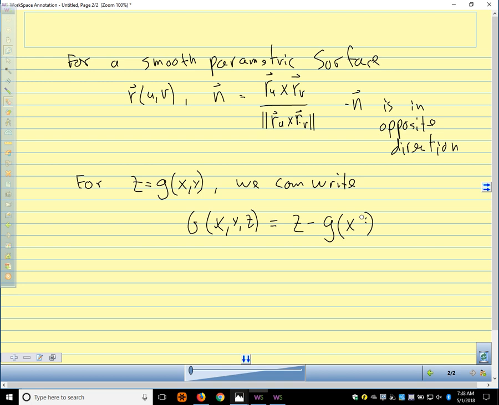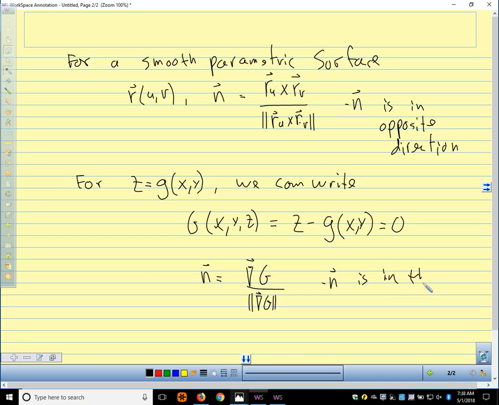So we have G of x, y, z equals a constant, and our unit normal vector n is del G over the magnitude of del G. And negative n is in the opposite direction.